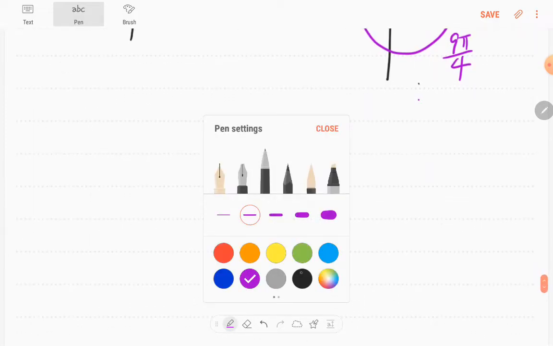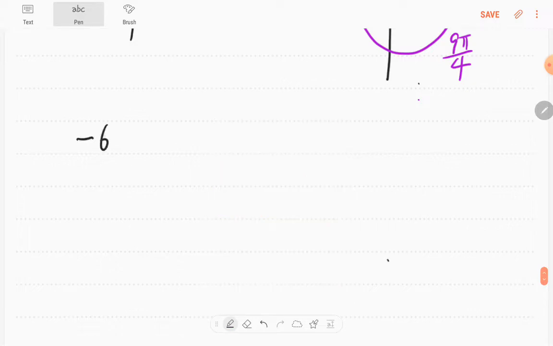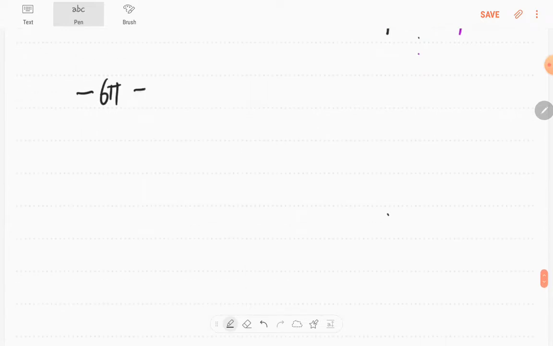What about -6 pi? -6 pi can be written as -3 times 2 pi, or we can write it as 3 times -2 pi. So -2 pi is 1 revolution, but clockwise. 3 times, you have 3 revolutions in the negative direction.